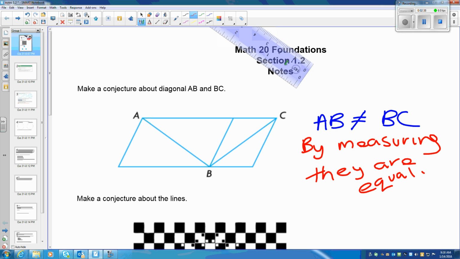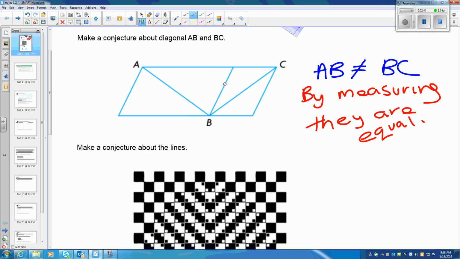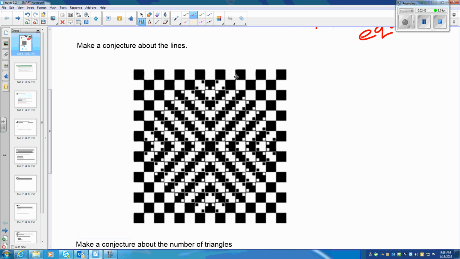Okay? Now, I don't know if looking at the paper, but looking up here on the smartboard, do you want to make a conjecture about these lines? Oh, so you're saying the lines are equally spaced? Is that what you're trying to tell me? Lines are equally spaced and they're actually lines.